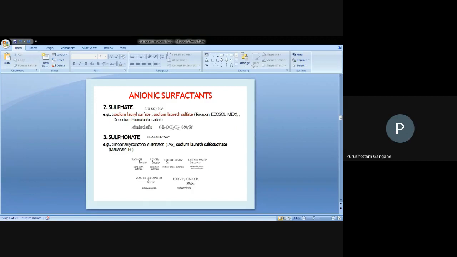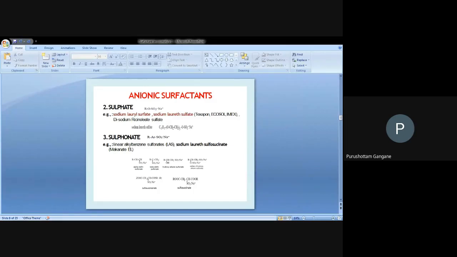These are brand names. The structure of sodium lauryl sulfate is also given on your screen. These anionic surfactants are less toxic compared to cationic surfactants, and you can mostly see them in toothpaste, in shampoo, in different bars. This sulfate, sodium lauryl sulfate, is very popularly used.